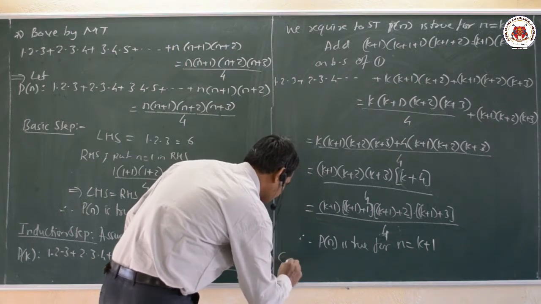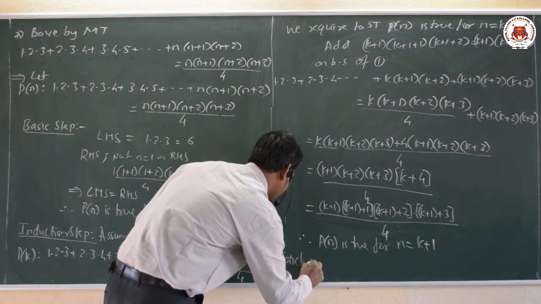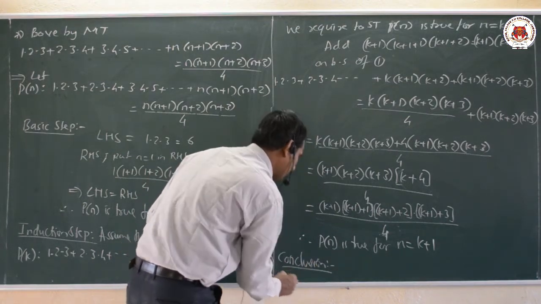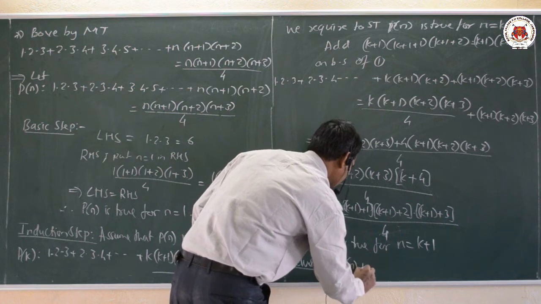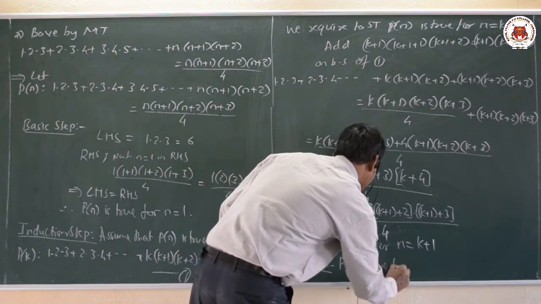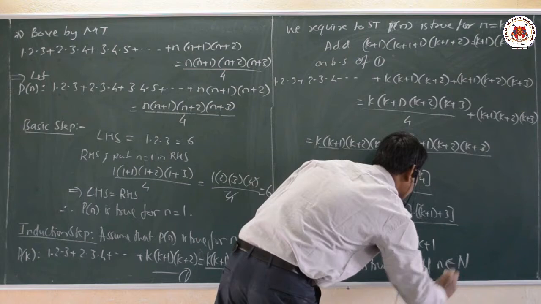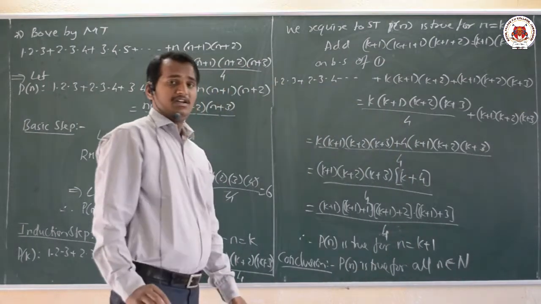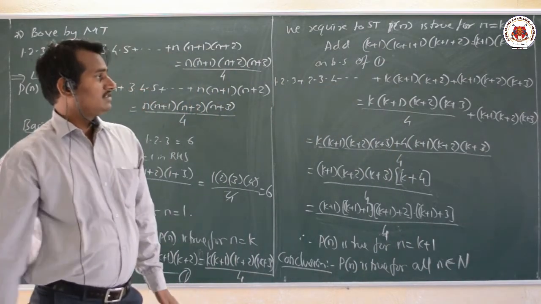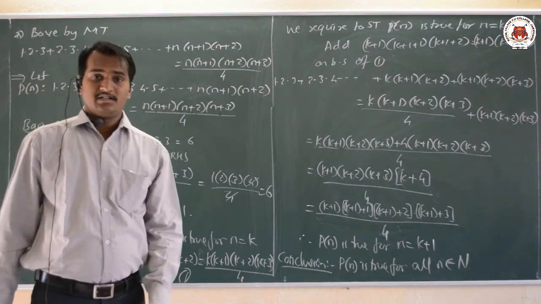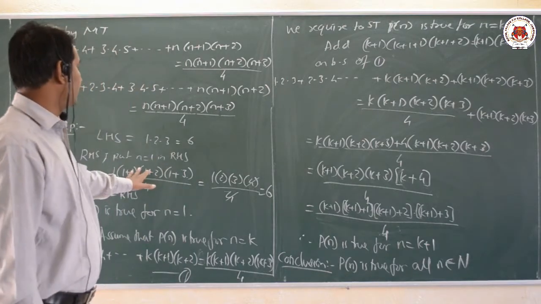What is the conclusion? Therefore P of n is true for all n belonging to natural numbers. Dear students, that is nothing but our required result related to this particular problem.